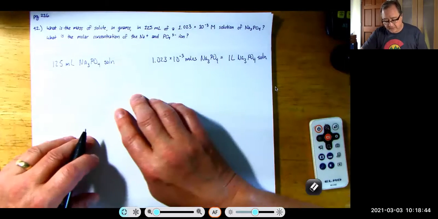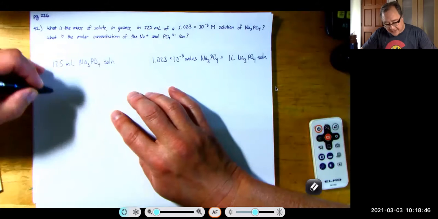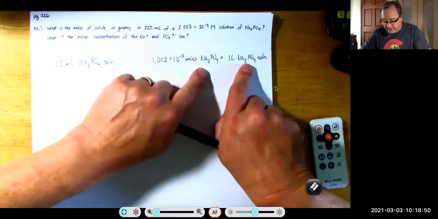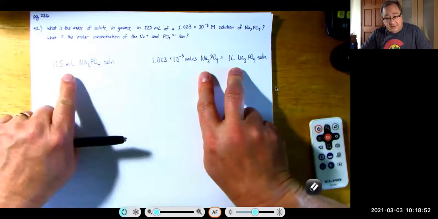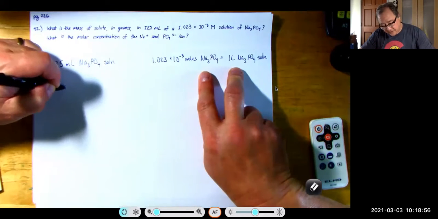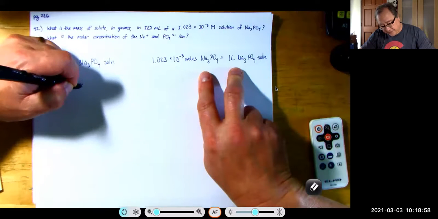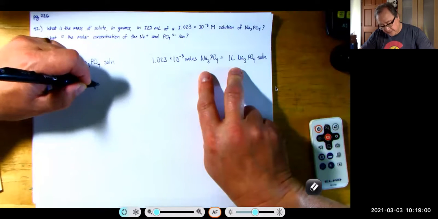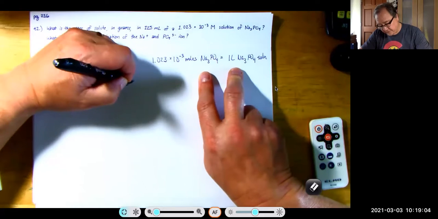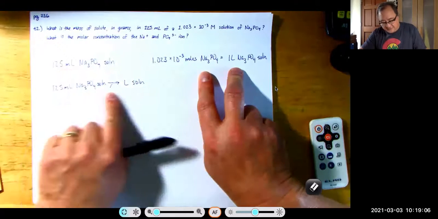So I think that I can convert between moles and liters of solution here. And here I have milliliters of solution. So I'm going to take my 125 milliliters of sodium phosphate solution, and I'm going to convert that into liters of solution. And here I'm going to leave the sodium phosphate off.